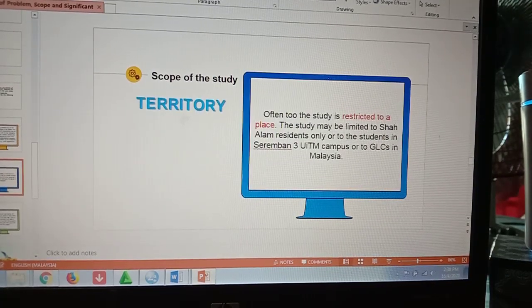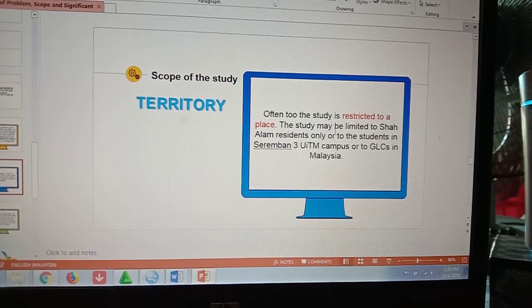Territory, as you can see, means area. The study will be conducted, as for the level earlier, among final year Bachelor of Corporate Administration students in the Faculty of Administrative Science and Social Policies in UiTM Seremban 3. The territory is UiTM Seremban 3.